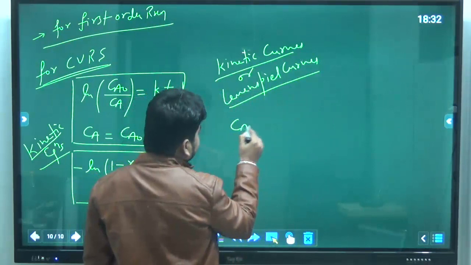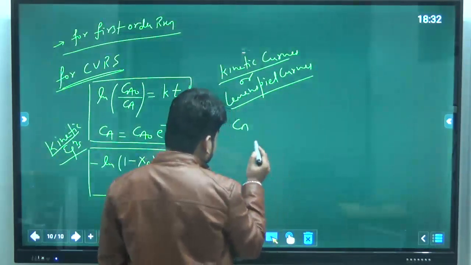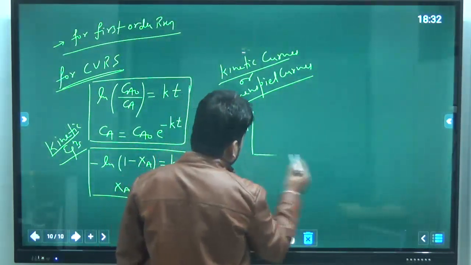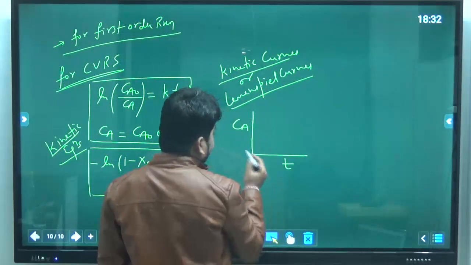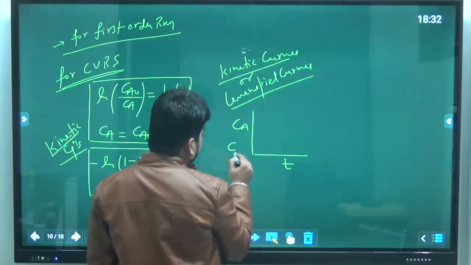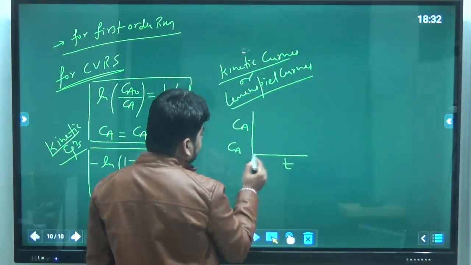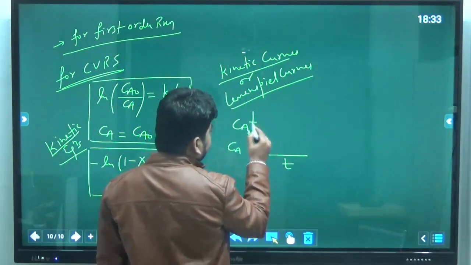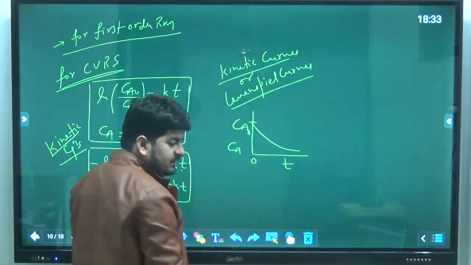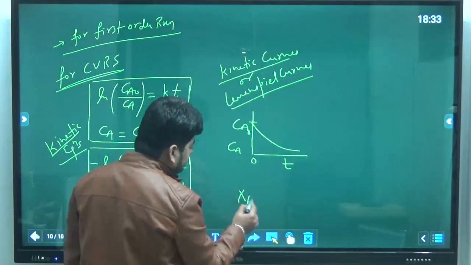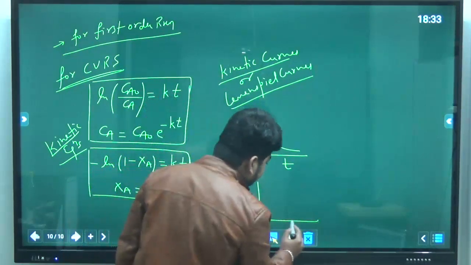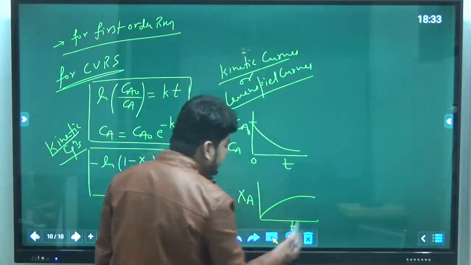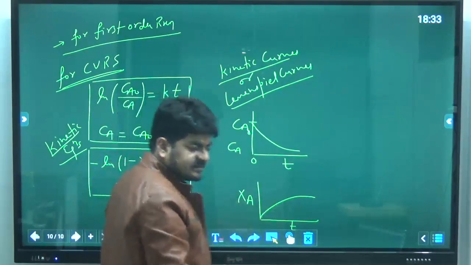Like Ca versus T. If you plot that, at T equal to 0 it will be Ca naught and it will decrease exponentially. For a plot between Xa versus T for first order reaction, it will be like this, exponentially increasing.